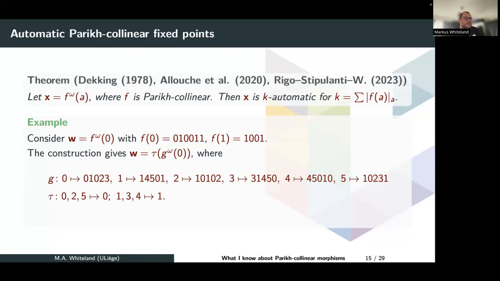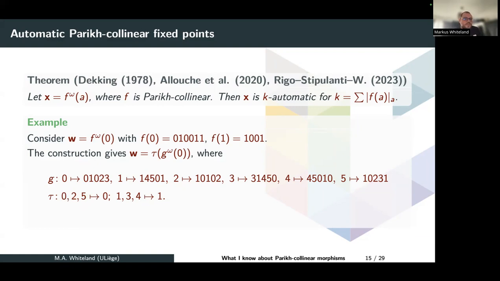So here, just as an example, we have this word which had the aperiodic looking abelian complexity. And in fact, we can generate it using this 5-uniform morphism and then use a coding to get it back.